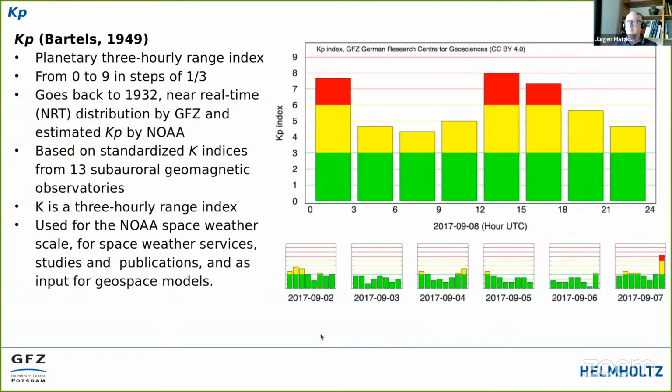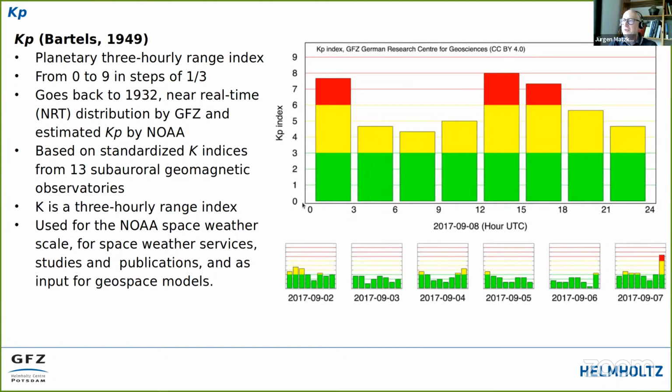But let's talk about Kp. Kp as an index was established by Bartels, and he published that in 1949. It's a planetary index. That means it's a combination from observatories worldwide, and it's valid for the whole world. It's a 3-hourly index. Here on the plot, you see one UT day, and for each UT 3-hour interval, one index value is defined.